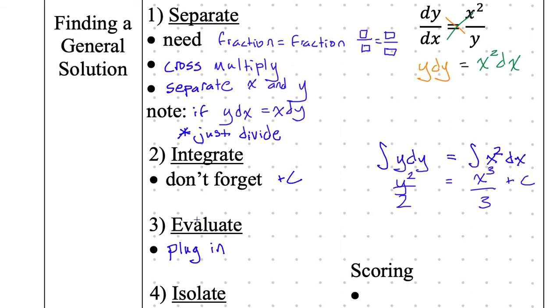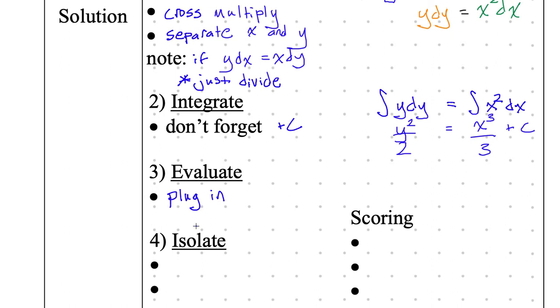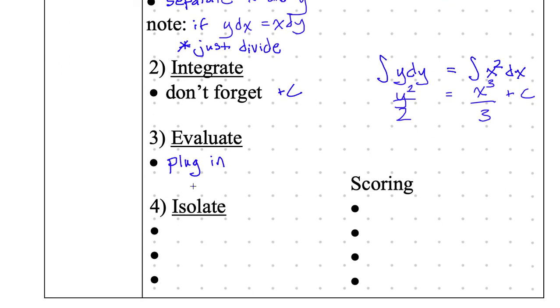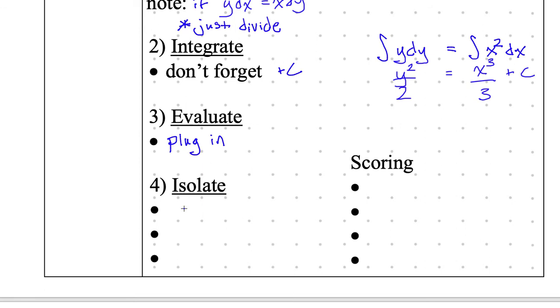And if you want to be really, really cool and do a ton of work to get maybe 1 point, you can do step 4. Here's step 4. Each step is a point, right? Basically? No. Oh, never mind. It's a little bit more complex, but I'll talk about it so you won't get confused. So isolate, essentially you're just getting the y by itself.